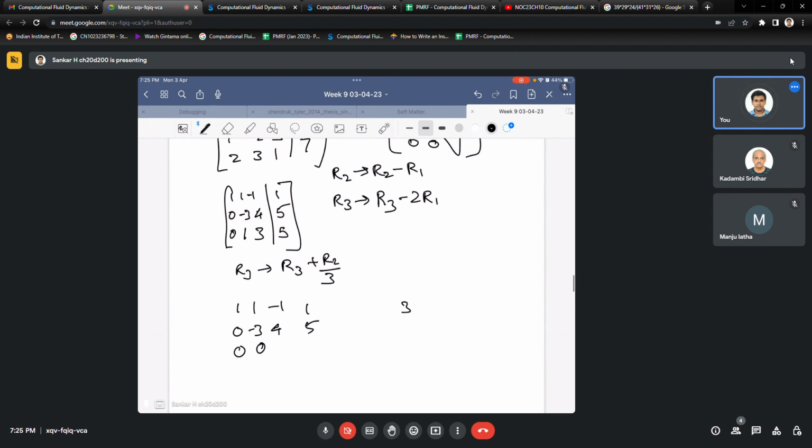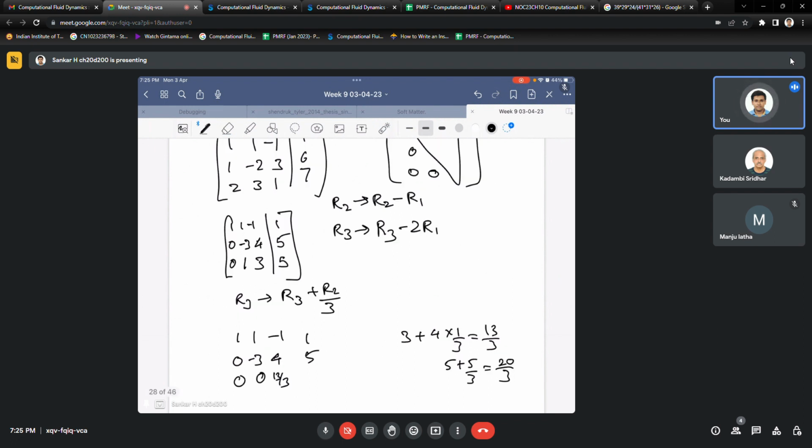Similarly, 3 plus 4 times 1 by 3 will be 13 by 3. So we'll get that over here. Similarly, we'll get 5 plus 5 by 3, which should be equal to 20 by 3. I think I have made a mistake again somewhere.